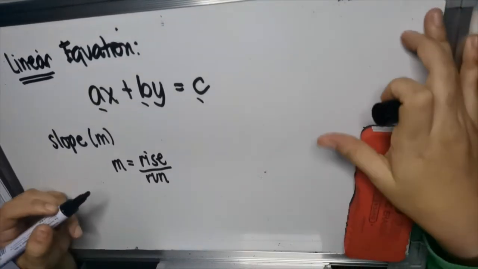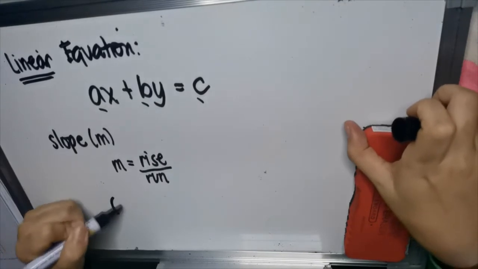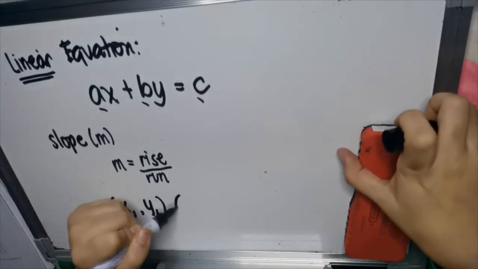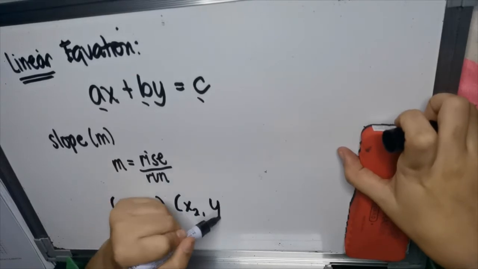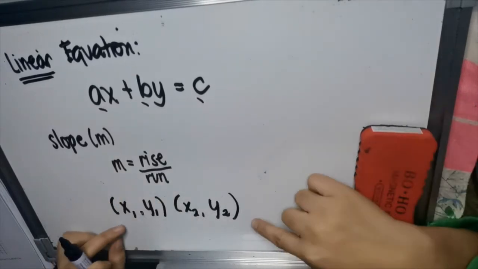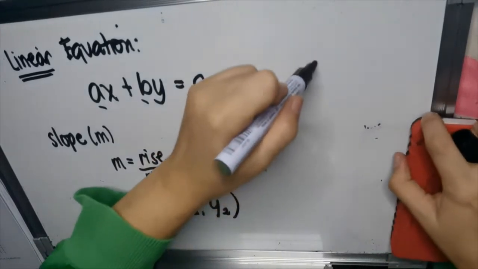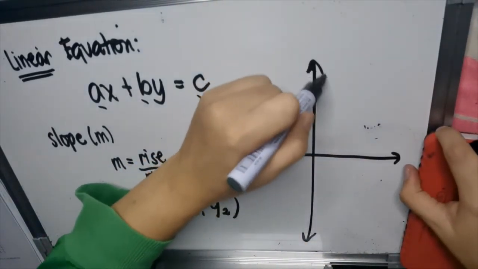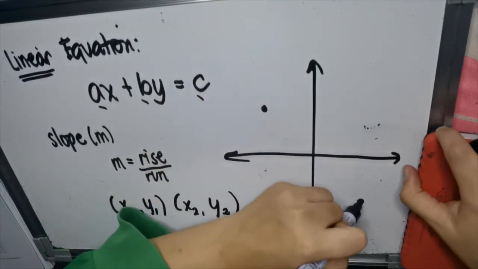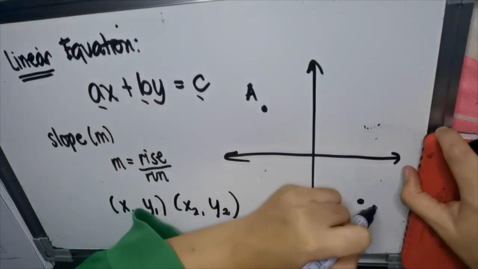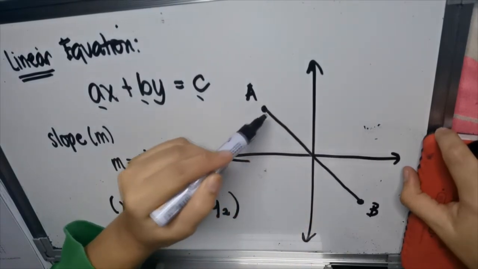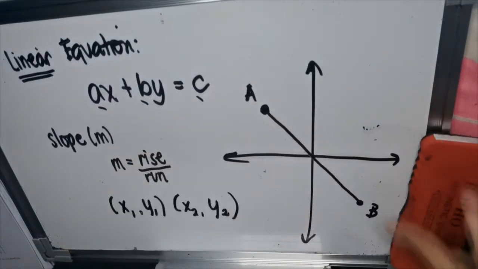If we are given 2 points, say for example, x sub 1, y sub 1, and then we have here x sub 2, y sub 2. So you are given 2 points. Say for example, ano yung stiffness ng ating graph ni point A kay point B. So si A, ito si B. Ano daw yung stiffness or slope ng ating graph?